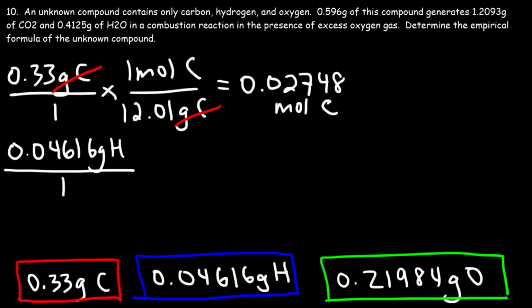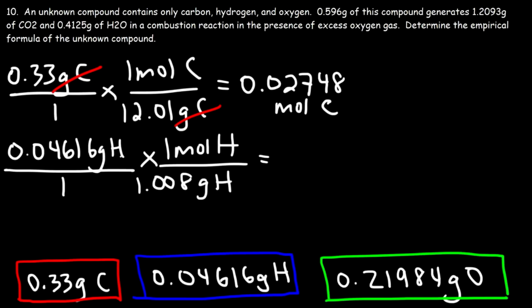Now let's do the same thing with hydrogen. So the molar mass for hydrogen is 1.008 grams. So 0.04616 divided by 1.008, that's going to give us 0.04579. And so that's the moles of hydrogen.